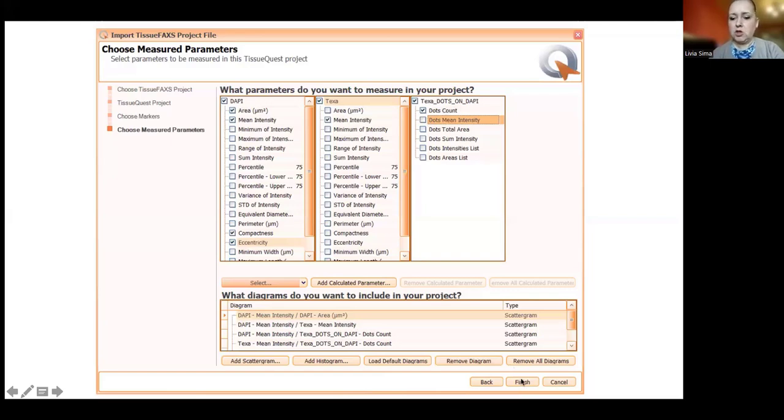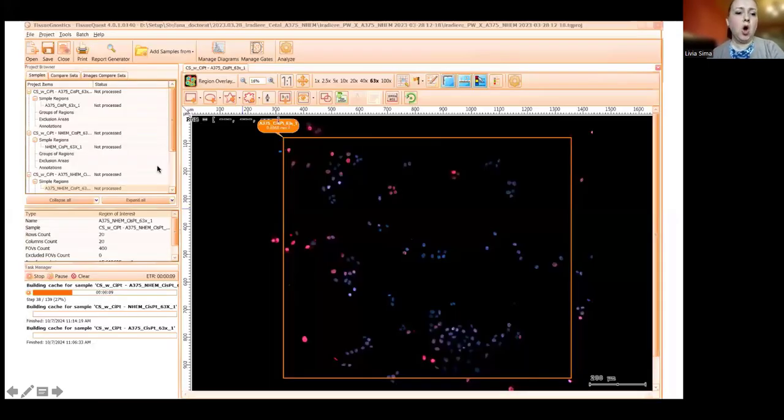When you press Finish, the software opens the project, and you can see on the left screen of your workstation the exact list of all the samples that are in the project, and you can click on a positive control.